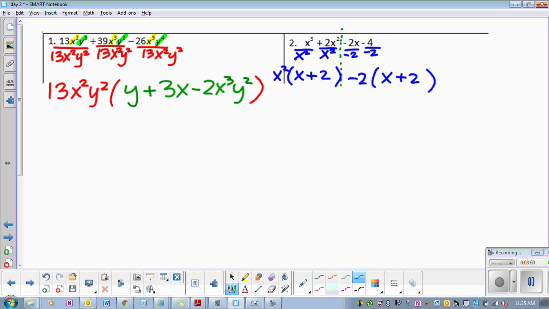Did I do this right? Yeah? How do you know? Good, because your parentheses are the same. So then now your final step is double parentheses, x plus 2, and then x squared minus 2. Yeah? All right. Okay, let's go on to the next one then.